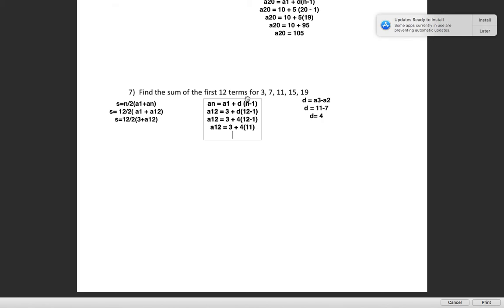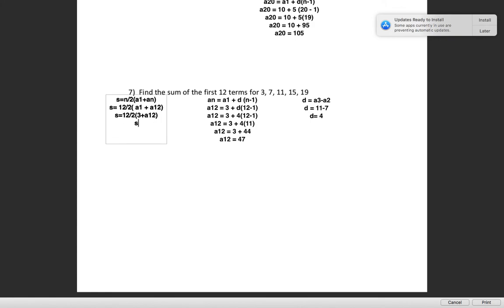So times 11. Now what are we going to do next? Remember with BEDMAS, you always multiply first. So it's going to be 3 plus 44, which is 4 times 11. And look, our last step, we're almost done. A12 equals, well, 3 plus 44 is a whopping 47.